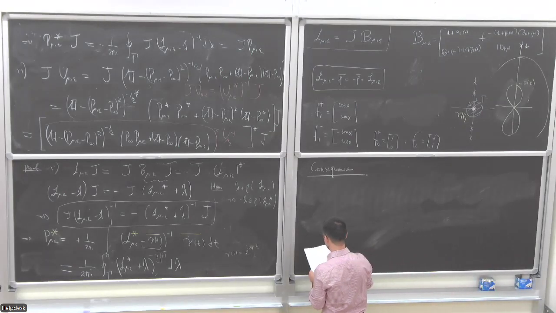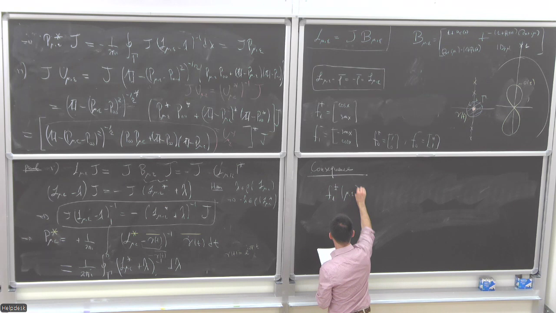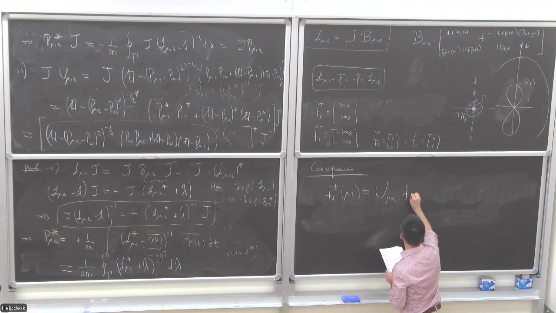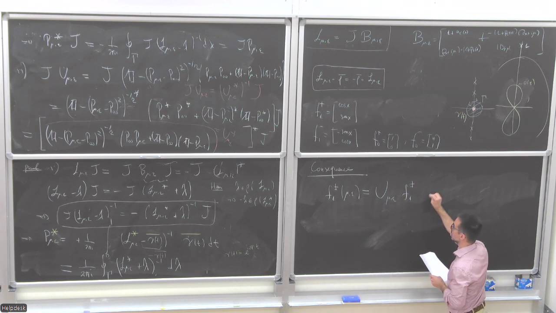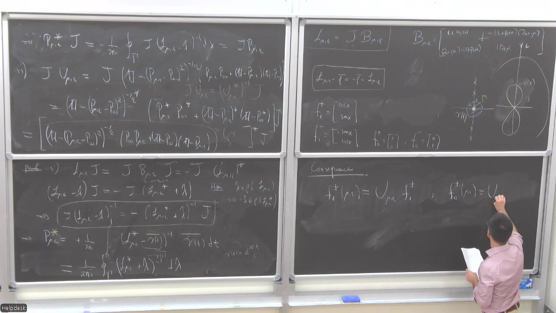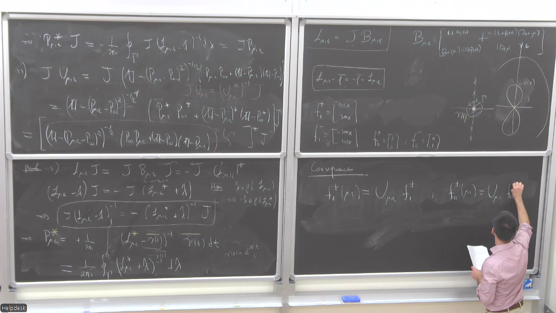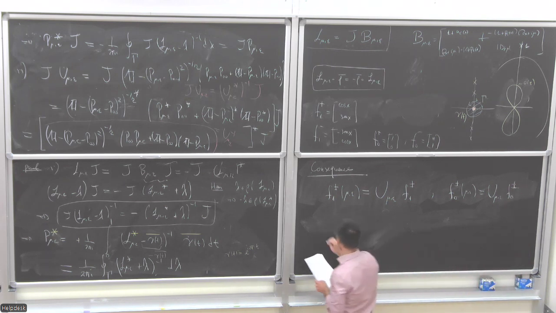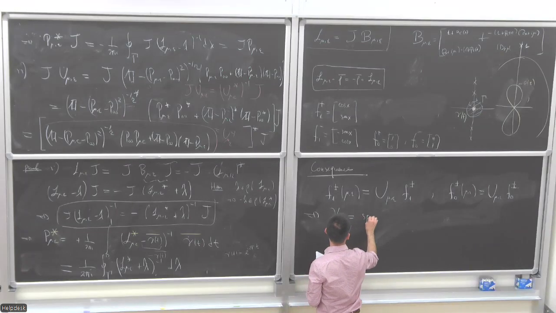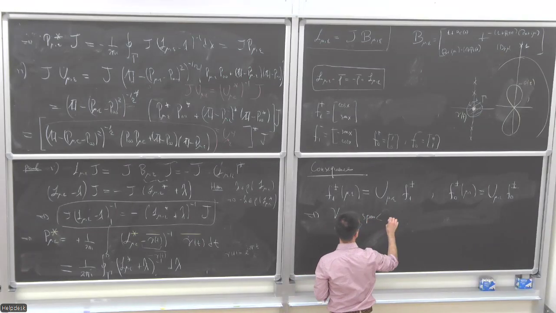So if I define F1 plus minus mu epsilon as the transformation operator U mu epsilon applied to F1 plus and minus, and F0 plus minus mu epsilon equal to U mu epsilon F0 plus minus, then V mu epsilon is spanned by these four vectors.